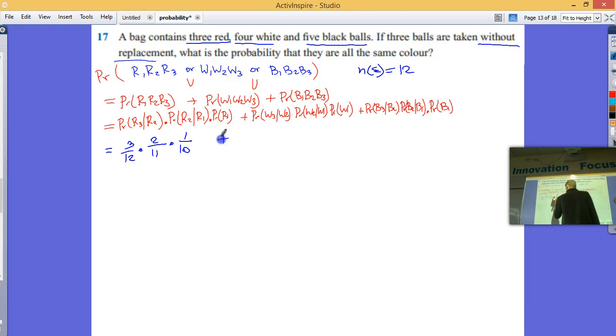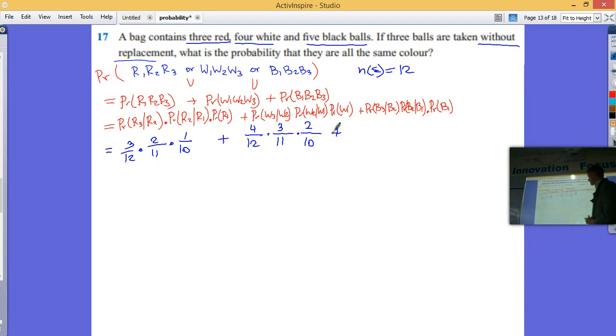Plus, now for the white balls, at first we've got 12, and we've got 4 to start off with. Then after the first draw, we'll have 11 left in the bag, and 3 of them are white. And then on the third draw, we've got 10 left in the bag, and 2 of them are white.